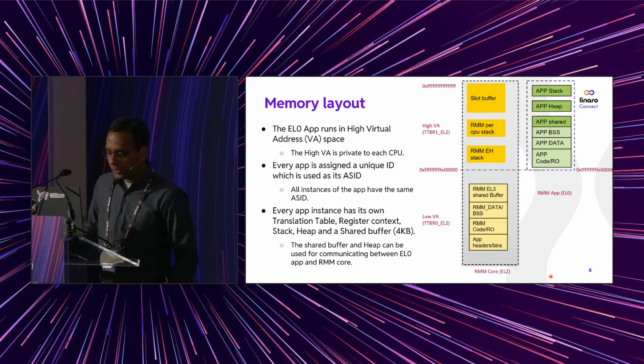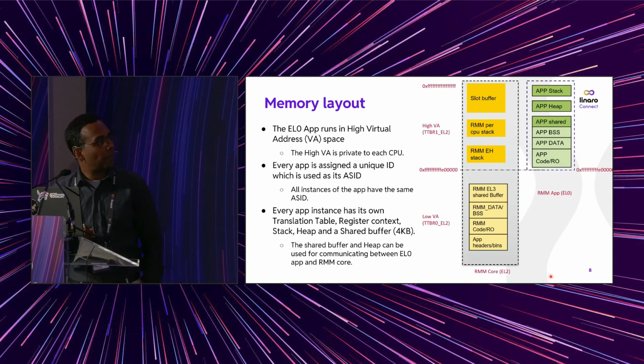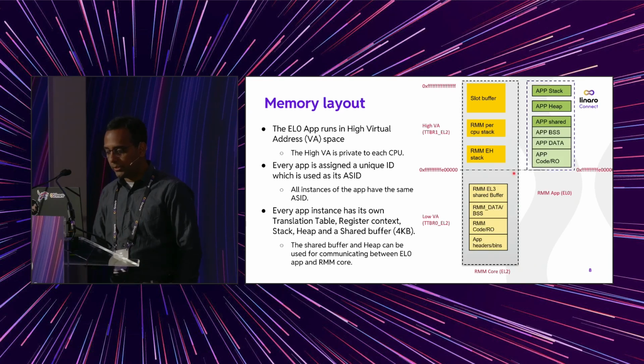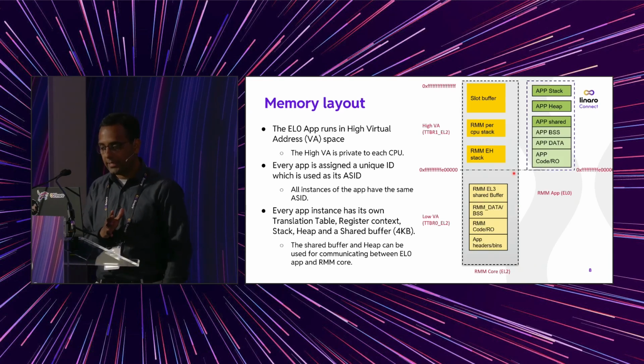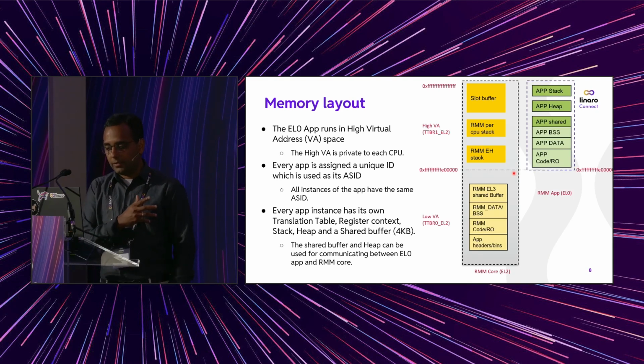With respect to virtual address space layout, the yellow portions show that RMM, when it's running at EL2, makes use of both the high VA and the low VA. VHE introduces two address spaces, as I mentioned before, typically high VA and low VA. The high VA is configured using TTBR1_EL2, and the low VA is configured using TTBR0_EL2.